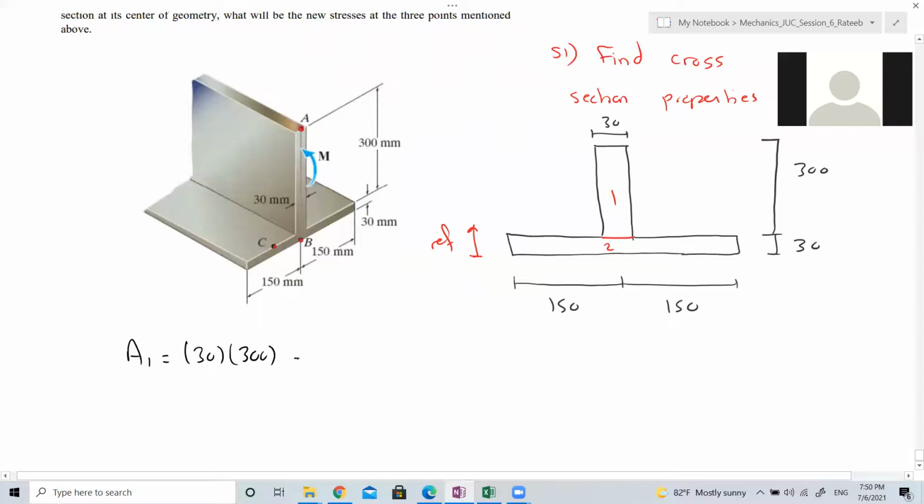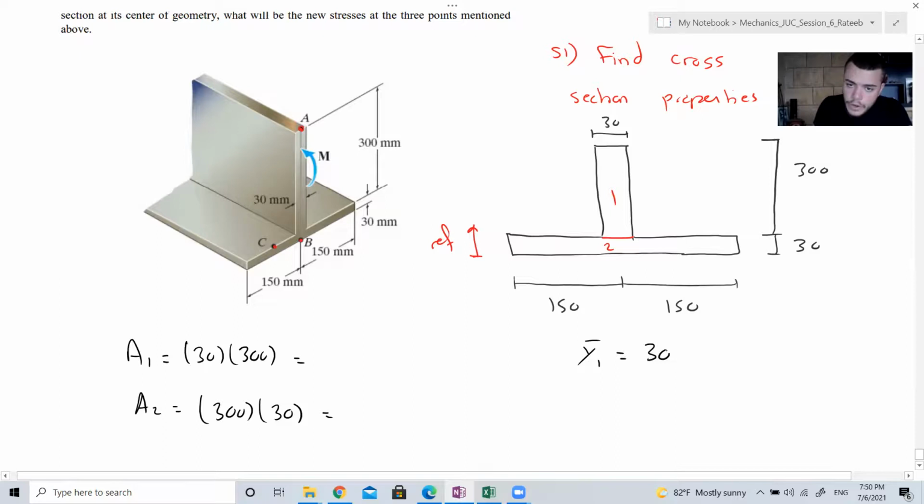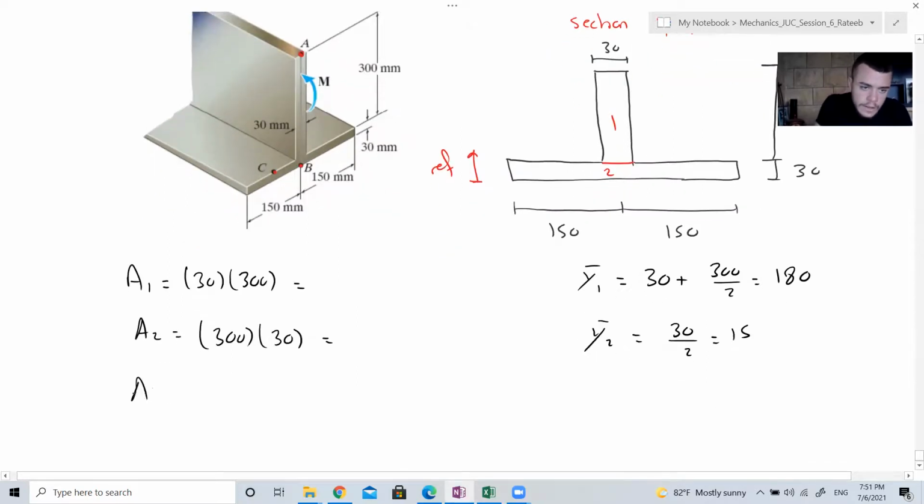Okay. Did you see it, Jaafar? Doctor, Y1 bar is 30 plus 300 over 2, which is 180. Y2 bar is 30 over 2, which is 15. And the total area here? 30 times 300 is 9000. 300 times 30 is also 9000. The total area is 18000.